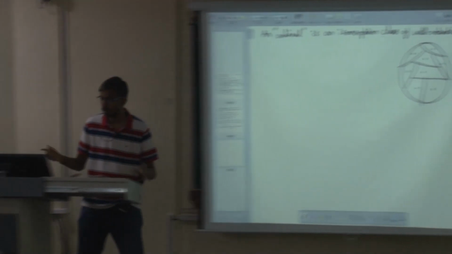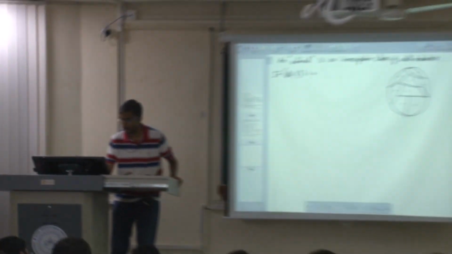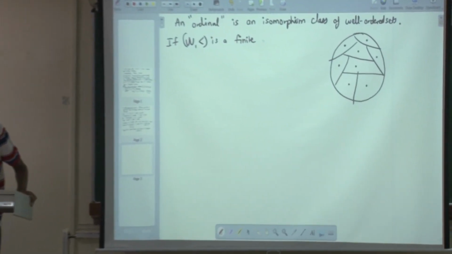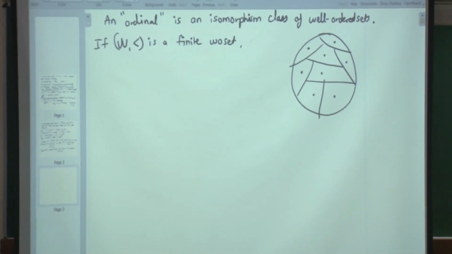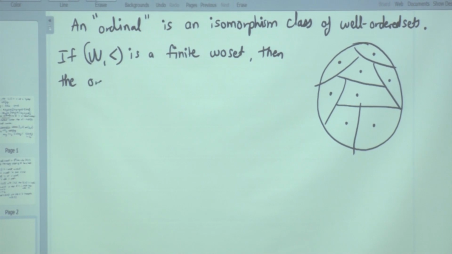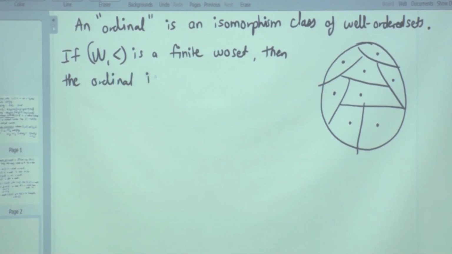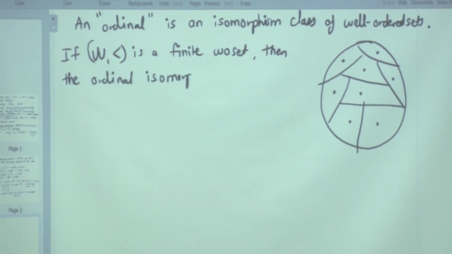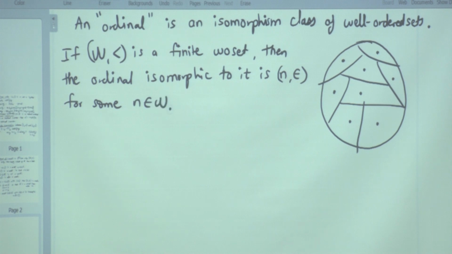So what can we say? Yeah, if (W, <) is a finite well-ordered set, then the ordinal isomorphic to it is (n, ∈) for some n.